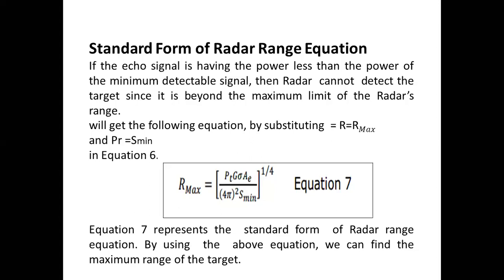Generally, we transmit a signal having high power and high power density, but the signal we receive from the target has very little power, because it is an echo signal.